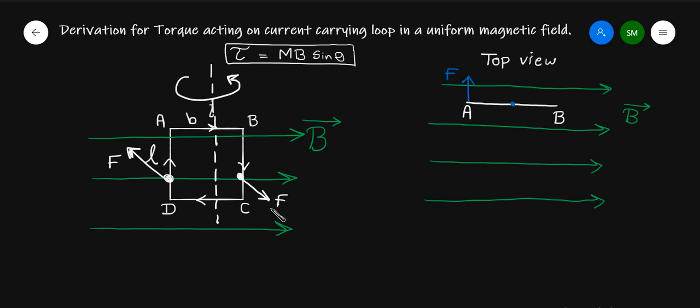See, these are the forces acting on the AD side and the BC side. Now if I calculate the distance between these two forces, the distance is equal to AB, it's b. And one last thing, suppose I draw the dipole moment.